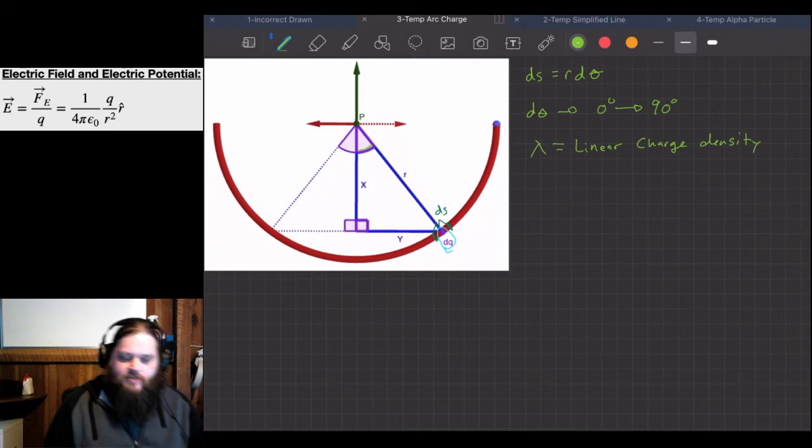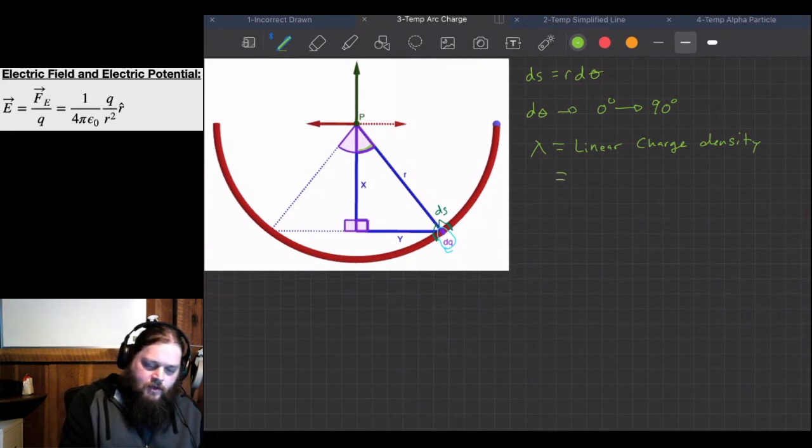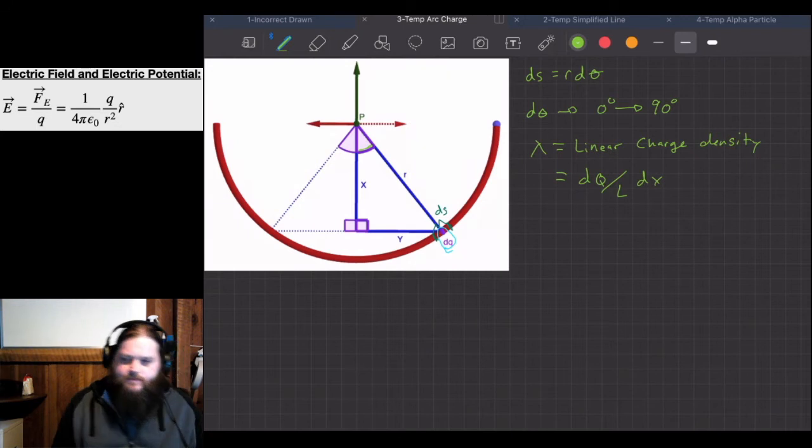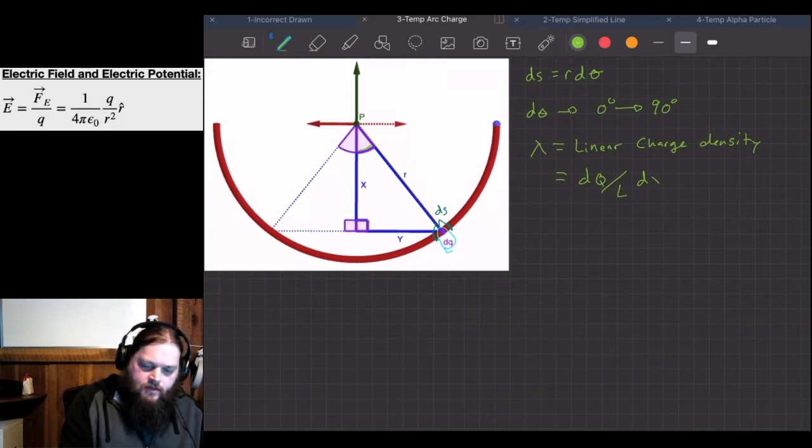And that linear charge density is equal to the change in charge divided by the length. Or in this case, instead of length, we'll call it arc length, s. That ds, right?